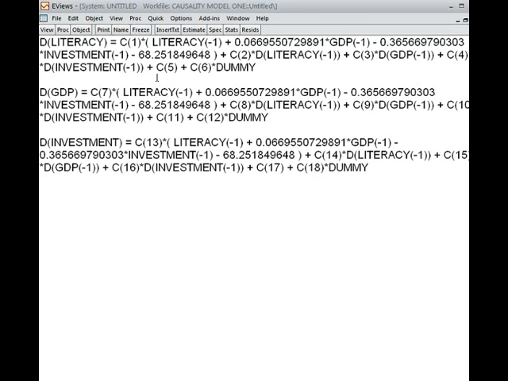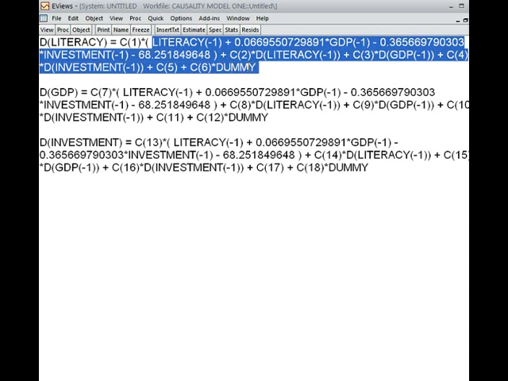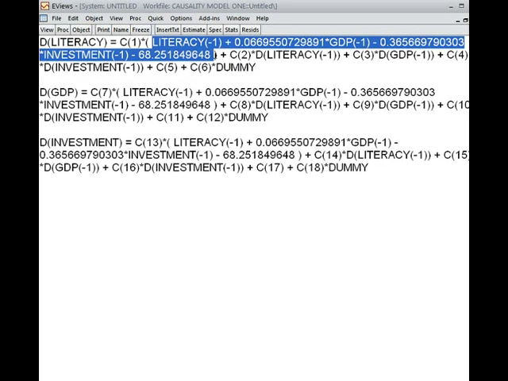And here, from here to here, until this, actually we call it cointegrated equation, right? And what we shall do, we shall be taking residual from here, and that will be used as an error correction term.